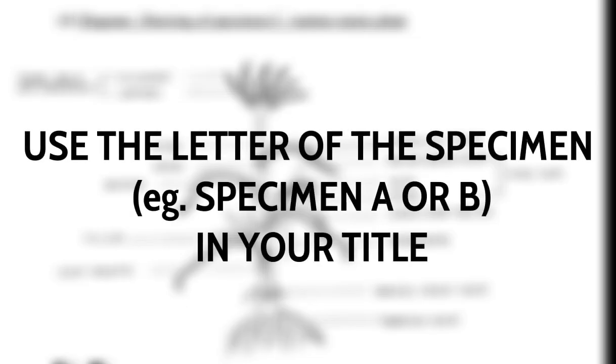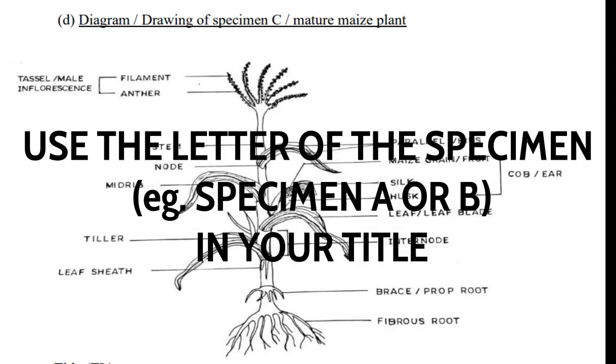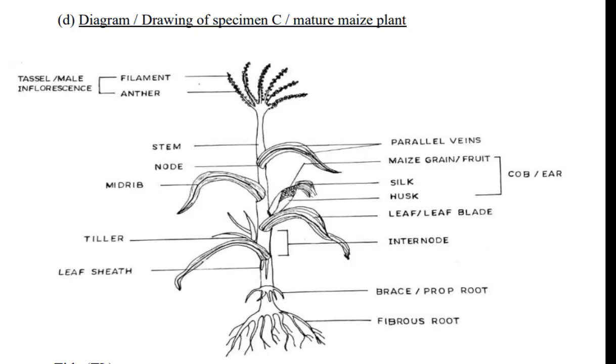When you're labeling or titling your work, it's advisable to title your work with the name of the specimen given instead of the original specimen. So the maize I have over there, the drawing of specimen C, or a mature maize plant. The reason it's advisable is because you might not know the specific specimen they're asking you to draw.